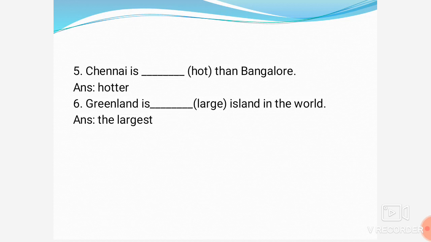And the adjective ends with the letter E at the last. So, when we are changing the adjective into superlative degree, we add the word the, because we are speaking about a particular island. So the sentence becomes, Greenland is the largest island in the world.